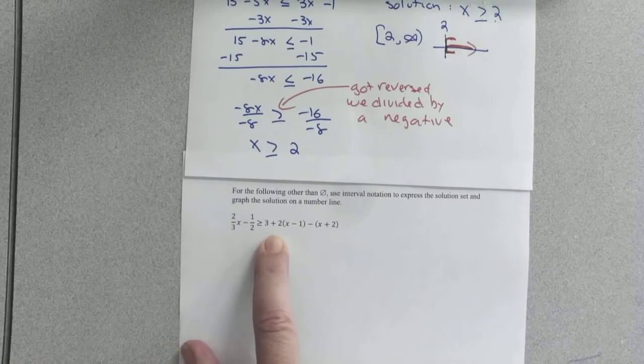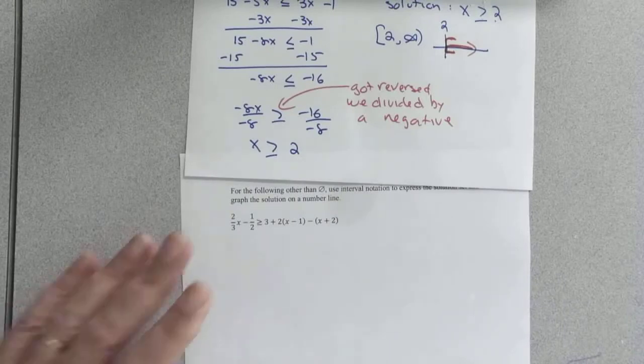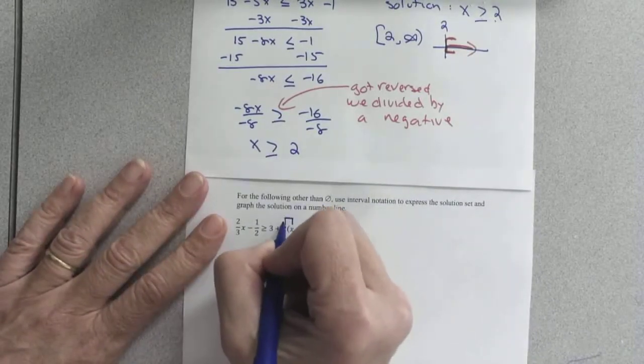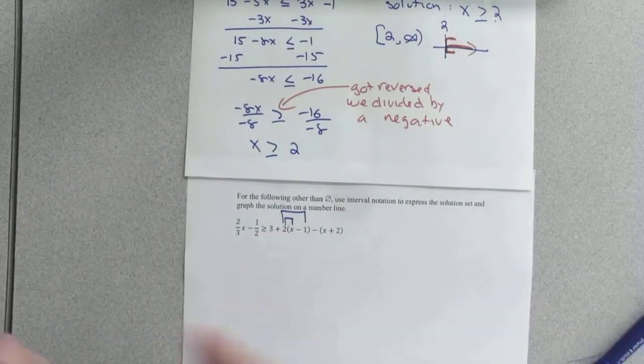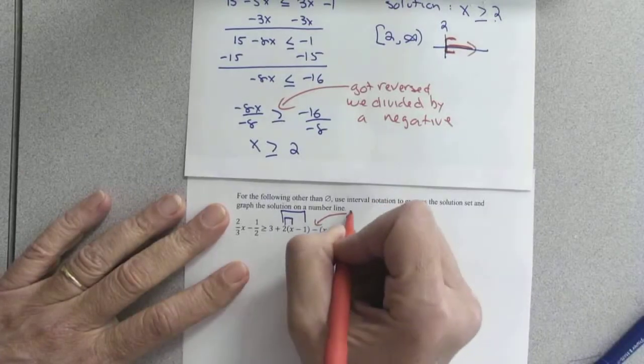And that is not what we want to do. But it's trying to lead you into that mistake. Remember, our first step is distributing. So I'm going to distribute this one first. And I'm going to remember to distribute that minus sign there.